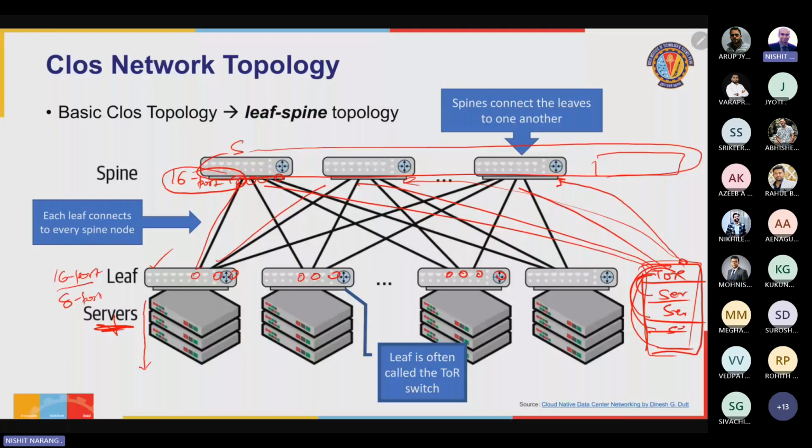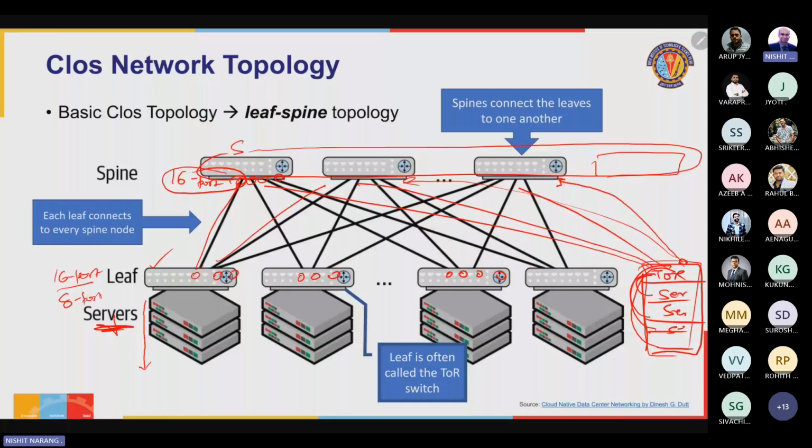Right? Because all my ports on the spine have been exhausted. Okay, the reverse is also possible. I may not be able to add more servers into the rack because all ports on the leaf switch may have been exhausted.